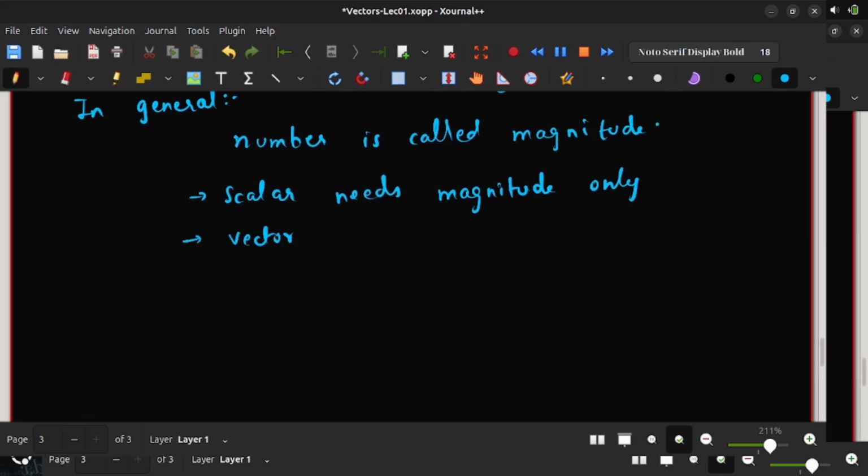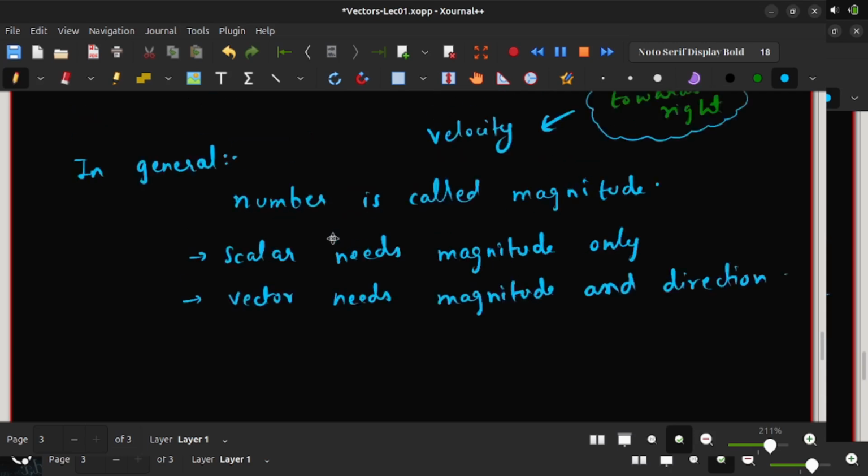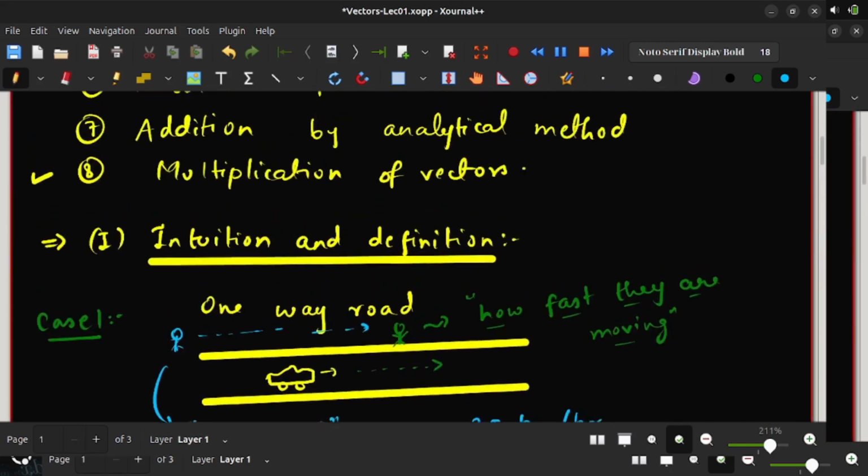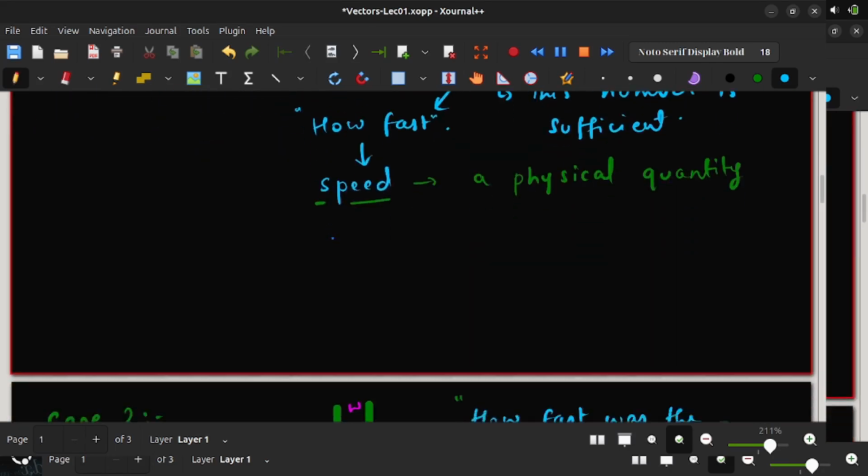The vector needs magnitude as well as direction, both. I hope you get the understanding of what I'm talking about. So this is the definition and the intuition building of scalars and vectors. I hope the understanding is now towards you.